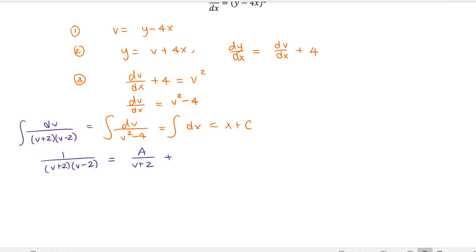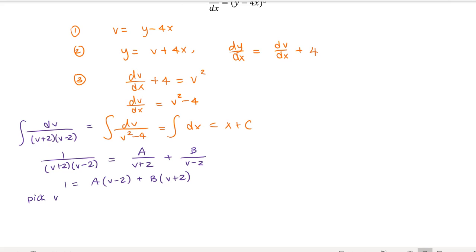So the general form is a constant over v plus 2 and a constant over v minus 2. Then multiply both sides by the common denominator. We have a times (v minus 2) plus b times (v plus 2). We have two variables, so we need two equations to solve for the two unknowns.